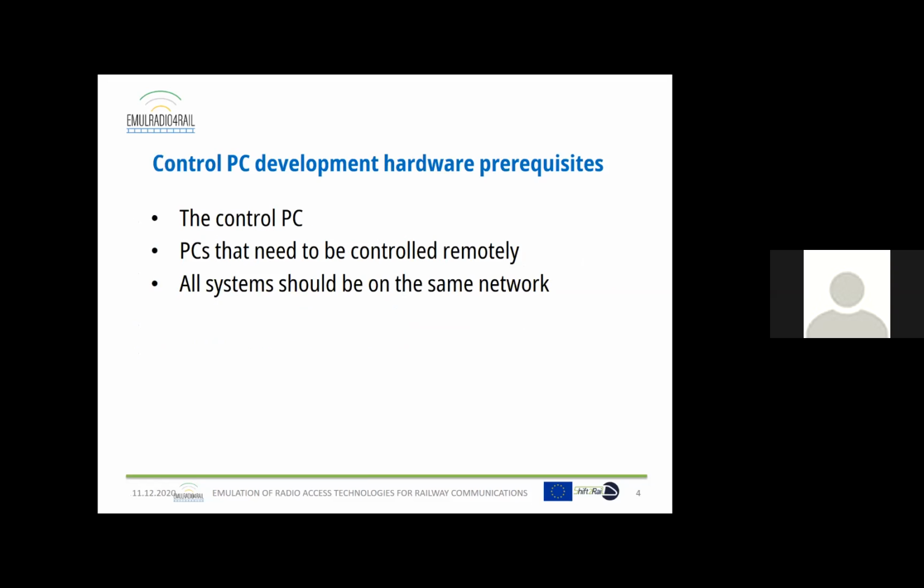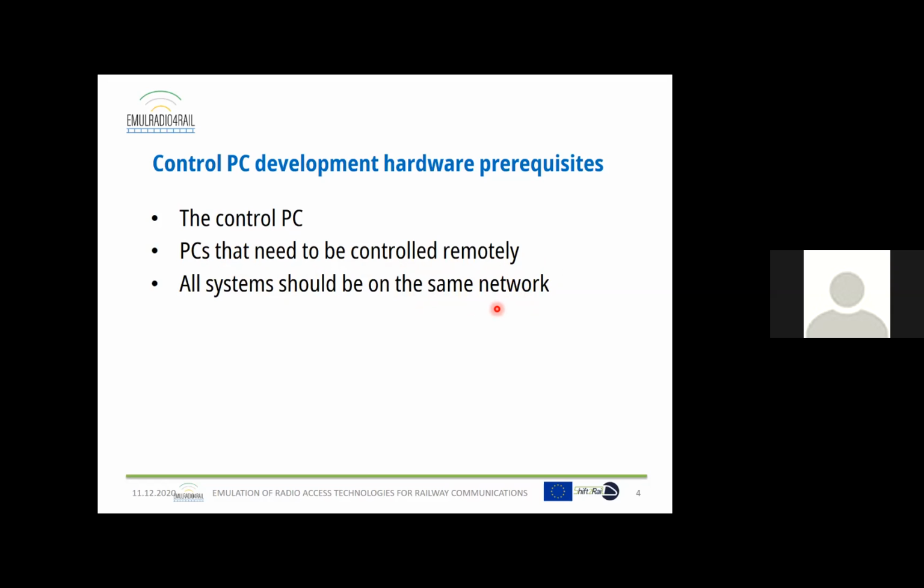To describe the hardware that we used for this development, we of course needed the control PC itself, and the PCs that need to be controlled remotely. In addition, all these PCs should be on the same network, including the PropSim radio channel emulator.